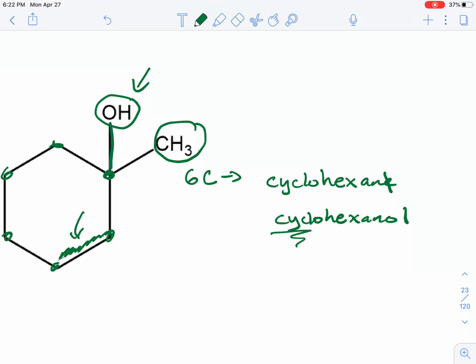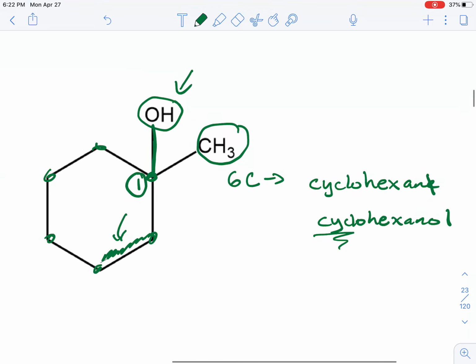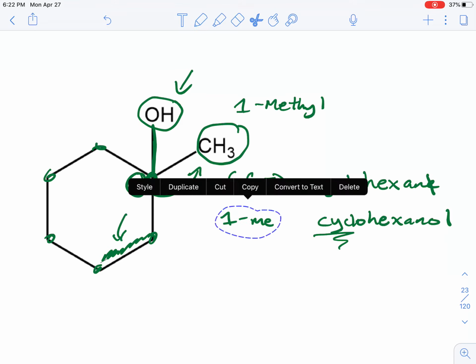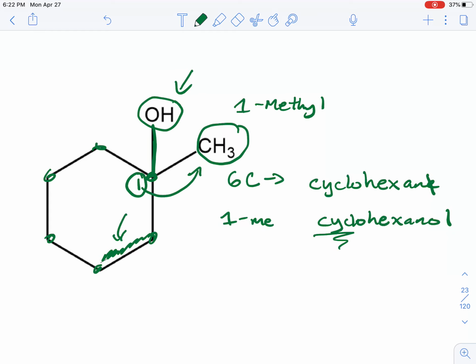Since the alcohol, whatever carbon it's attached to, is always carbon number 1, and since I only have one substituent in this scenario, then I have a number 1 for my methyl. And so I'm just going to complete the naming of this organic compound by writing 1-methylcyclohexanol.